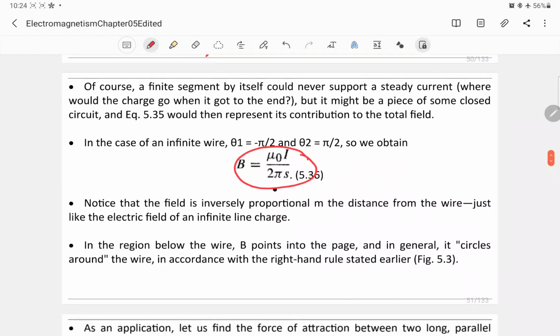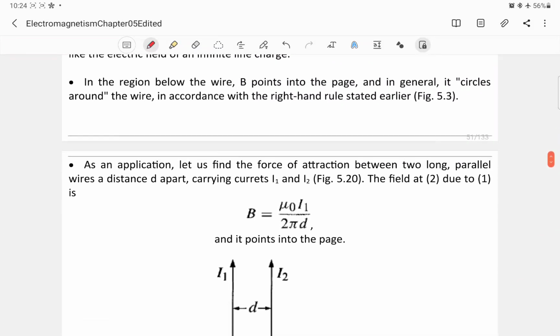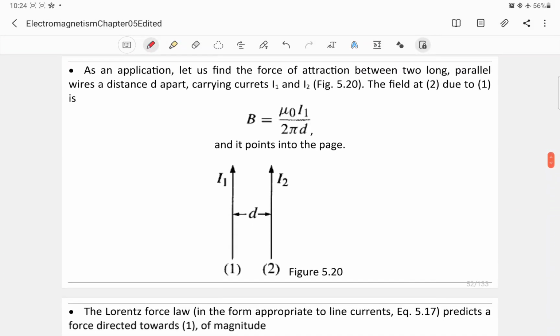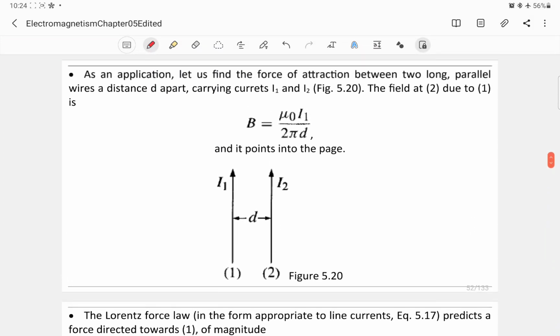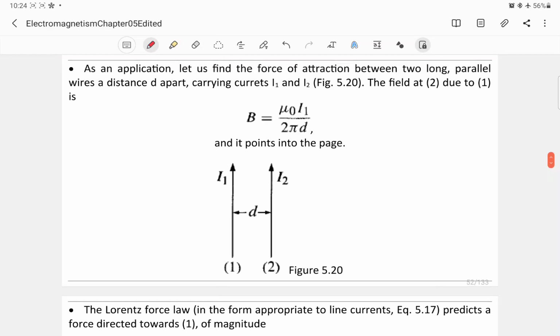So now, as an application, we will find the force between two long parallel wires, distance d apart, and carrying currents I1 and I2, in this figure.